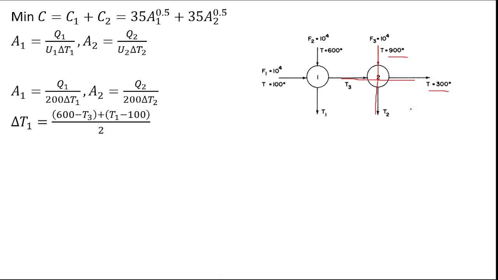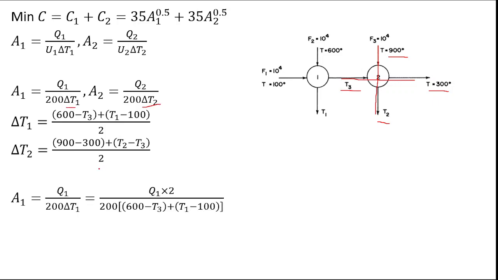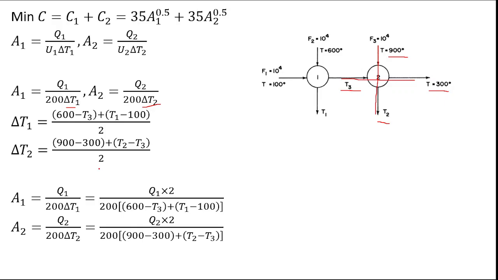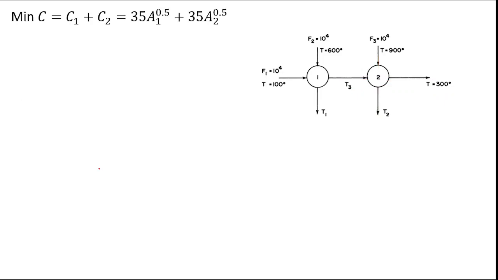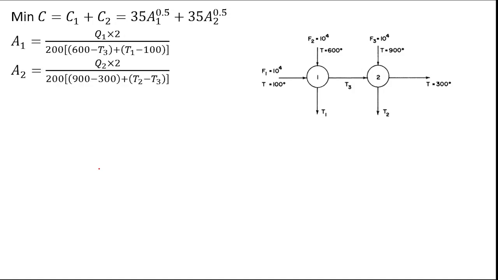Then we now do out for hot, in for cold. So out for hot is T2, in for cold is T3. So we have that expression there as well. So I can replace a change in T1 and change in T2 by these values. And this is what I'll be getting for the area if I should put these expressions in there. Okay, so this is what we have up to this point.